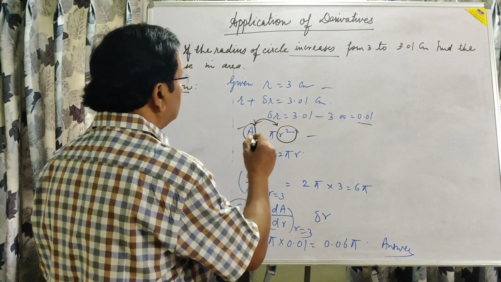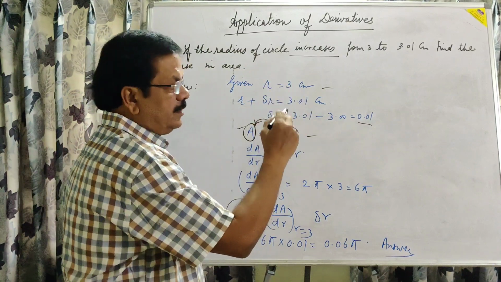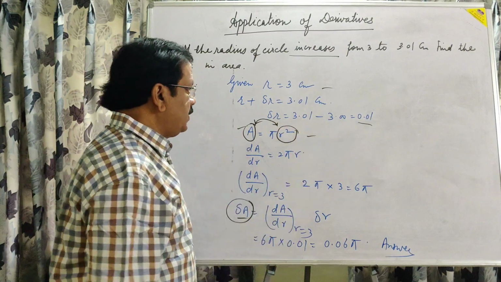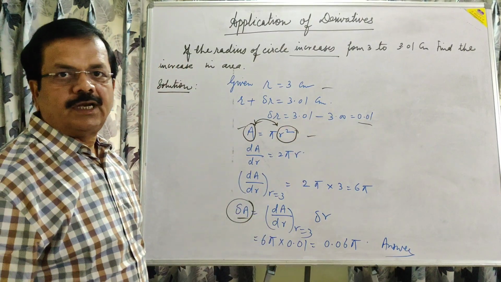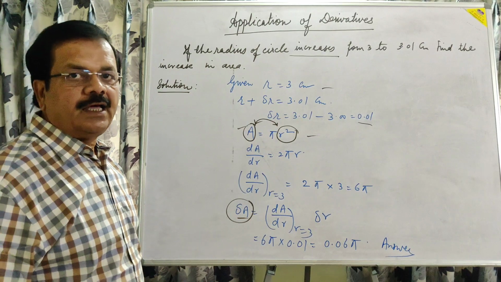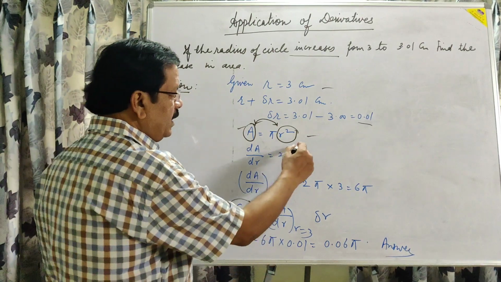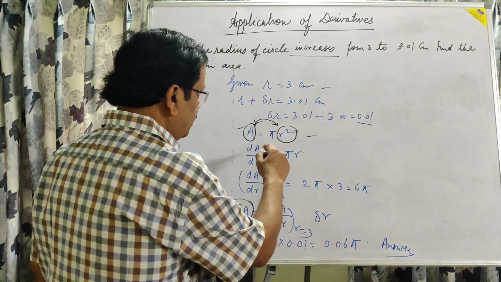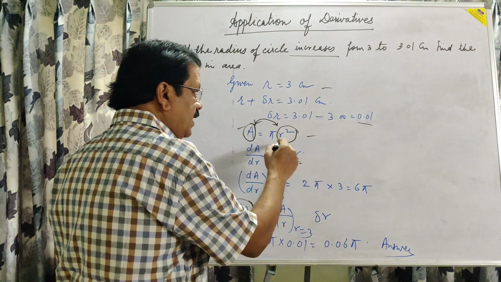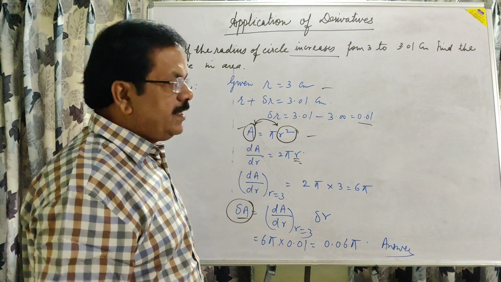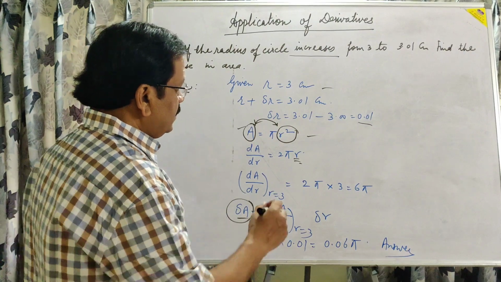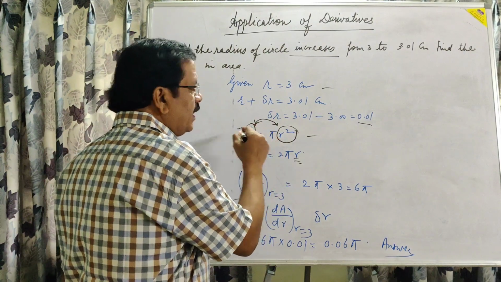Now you can see here r is equal to 3, then delta r is 0.01, and we know the relation between area and radius of the circle, that is area is equal to pi r square. Then differentiating with respect to r, I've already told you when discussing the concepts, we will use two variables.